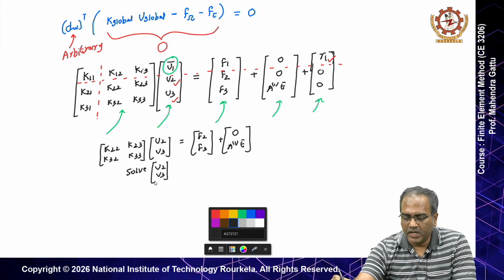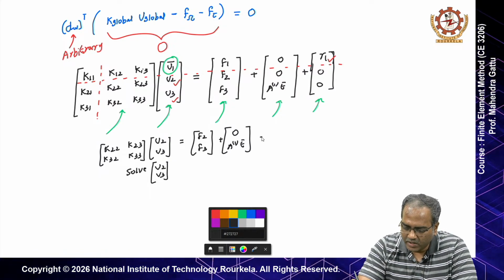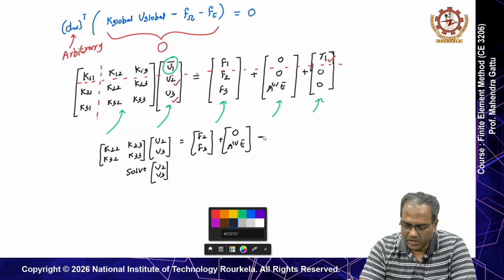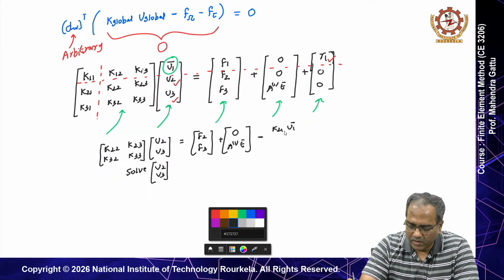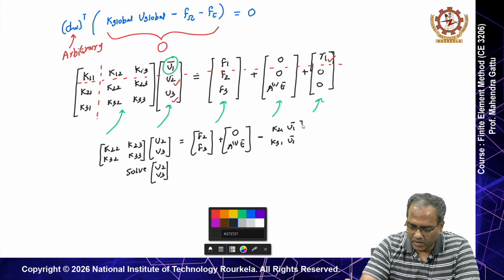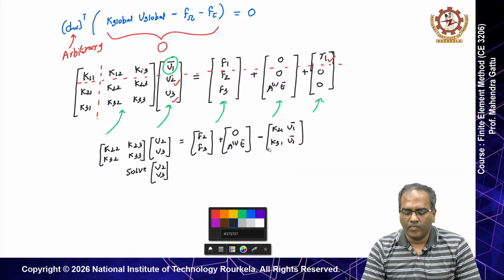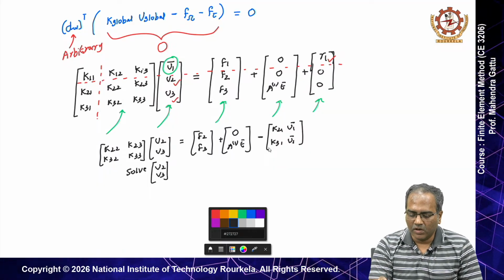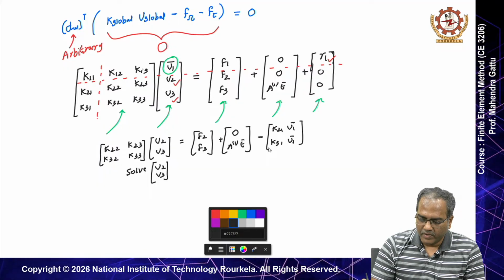I think I made a small error here, there will be missing terms, which are K21 U1 bar and K31 U1 bar. Now, we can solve for U2 and U3. After solving for U2 and U3, we can calculate R1.